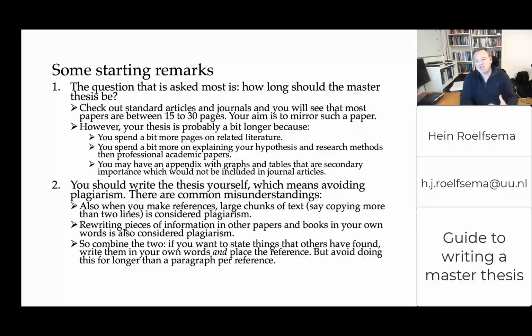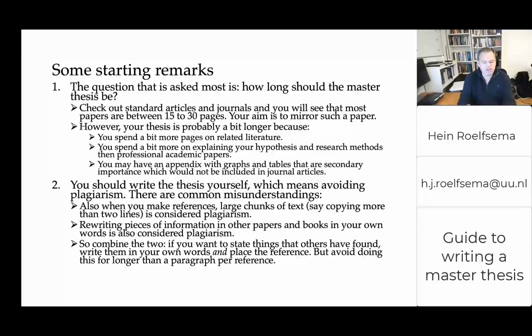But there are reasons why I think that the typical master thesis is a bit longer and might be something closer to 50 pages. There are a few reasons. Compared to the articles that you see, you might spend a bit more on related literature. In a master thesis, your command of the field is important to show to the supervisors, and that is less the case in academic articles.